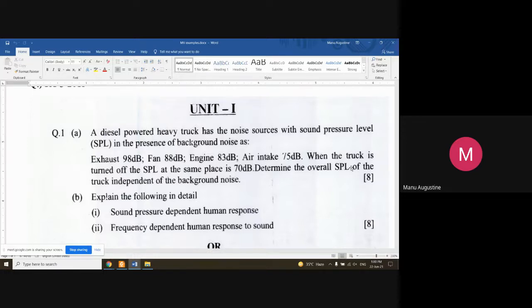But let us refrain from closing the box here. Why? Because if I add these quantities, I already know that in this quantity there is the ambient component. In this quantity also there is an ambient component.